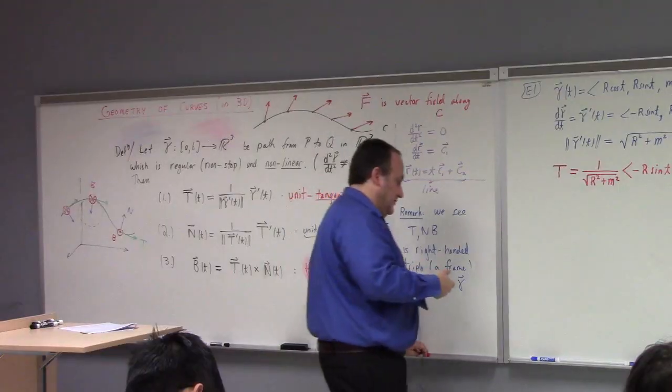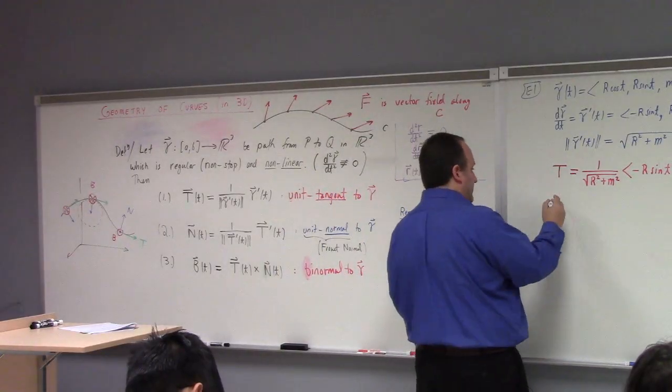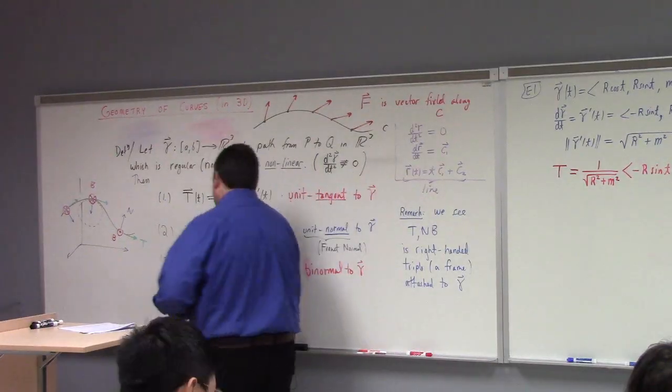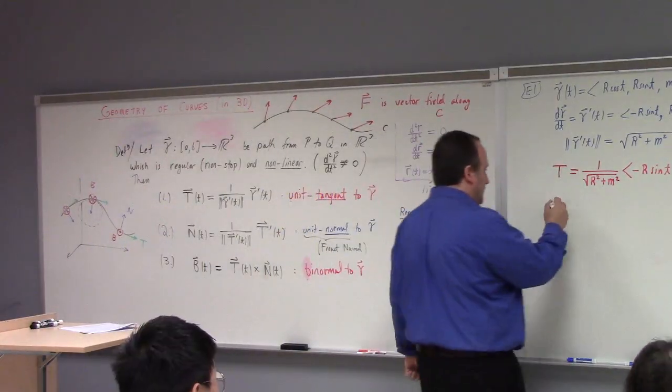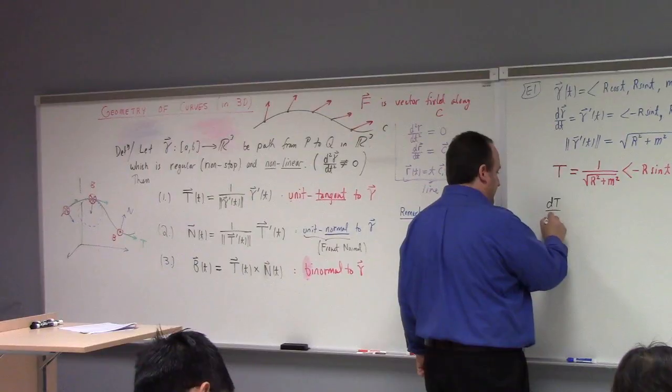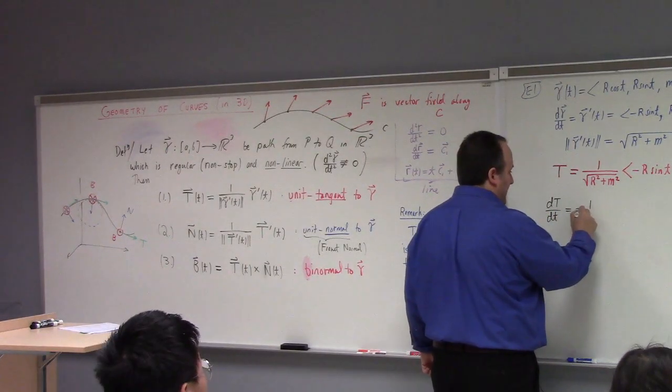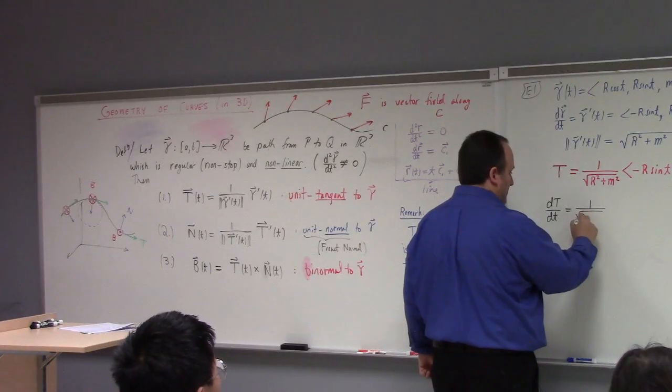So what's dT dt? Big T, dT dt, otherwise known as T prime, is, well, let's leave that constant out front.